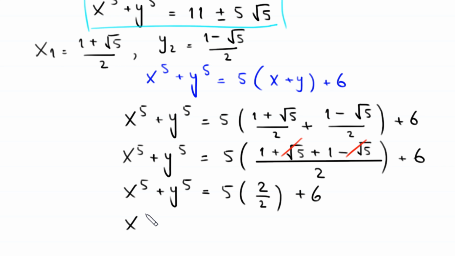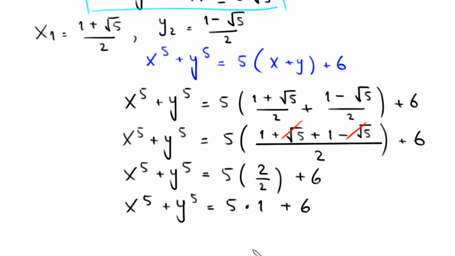Next, 2 over 2 will become 1, plus 6. Now from here we get another solution, x to the power 5 plus y to the power 5 is equal to 5 times 1 is 5, and 5 plus 6 is 11.